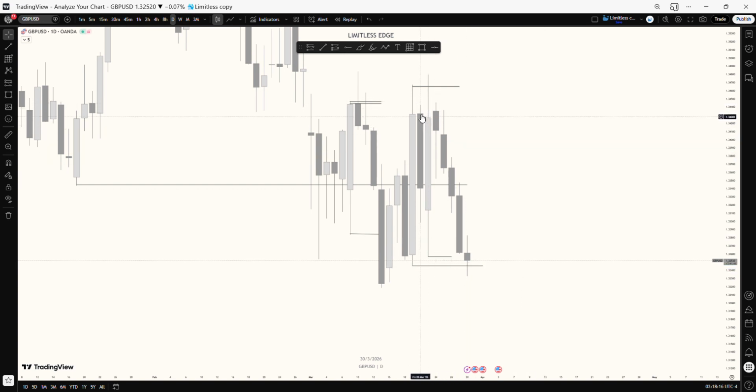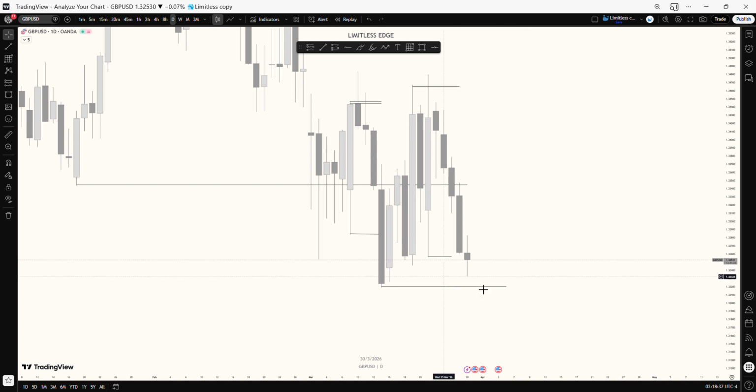Price started trading back just to balance this level. And yeah, I'm still expecting price to go as far as this low.